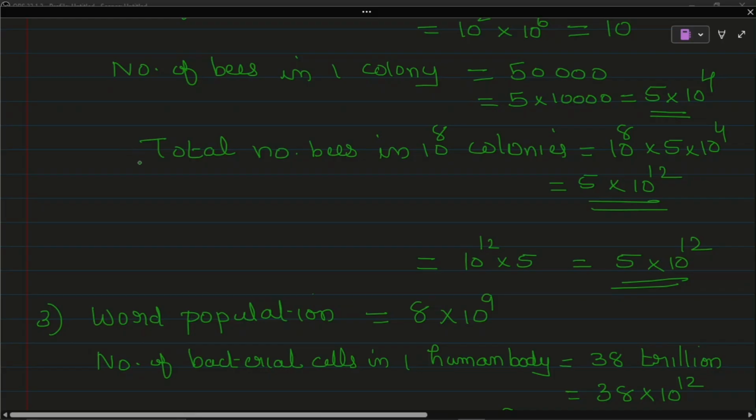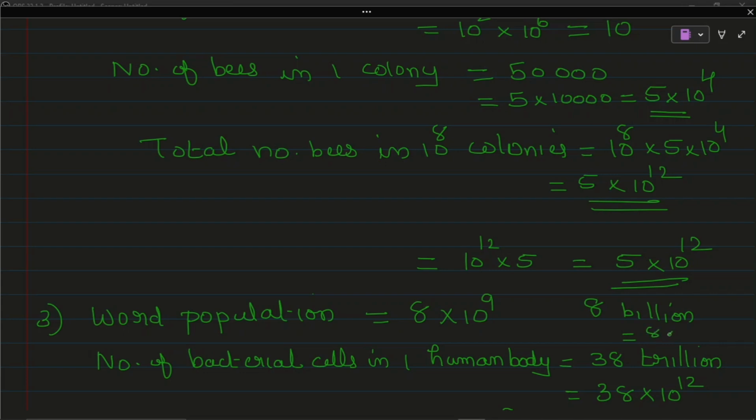World population, I already told in the first question, is 8 billion, and 8 billion we can write as 8 into 10 raised to 9. Billion is 10 raised to 9, so this is 8 into 10 raised to 9.